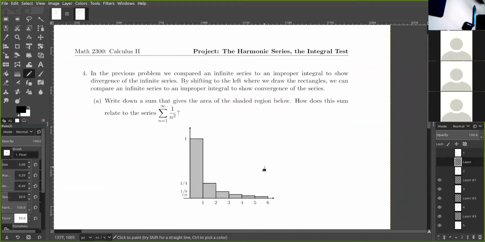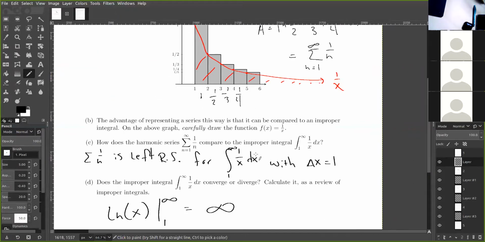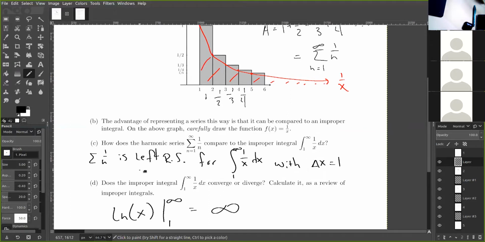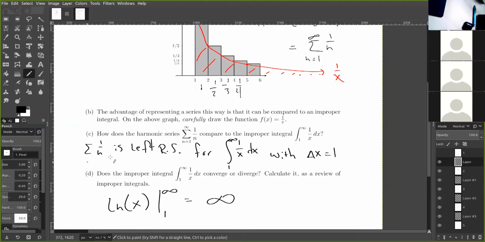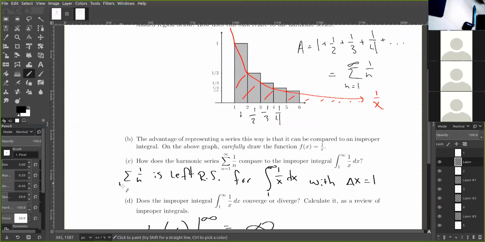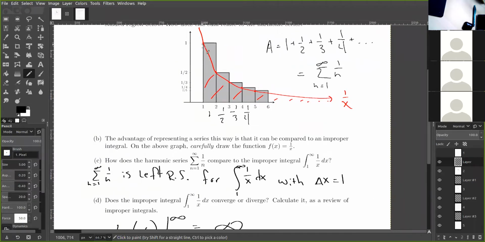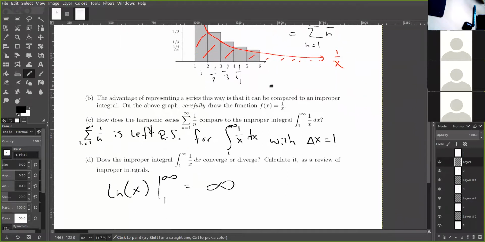Okay. Let's actually make a conclusion there. They might be walking us through it a little bit weirdly, but let's at least talk about it. Well, which one's bigger in this case? This sum of 1 over n or the integral? Since we're doing a left Riemann sum and our function is decreasing, you can see that the sum is hanging out above the curve. So this discrete sum of 1 over n is bigger than the area under the curve of 1 over x.